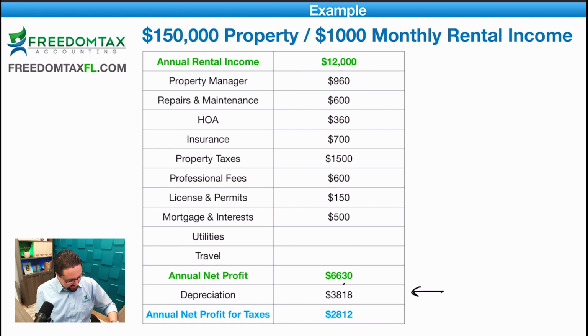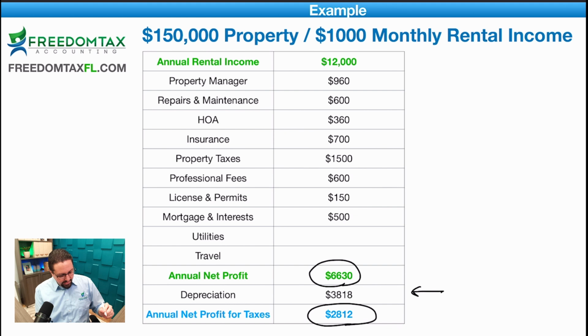So from your annual net profit, we now deduct the depreciation for taxes, and now you have an annual net profit of 2,812. Your cash flow is this, but from your cash flow, you deduct the depreciation, and this is what you report to pay taxes.